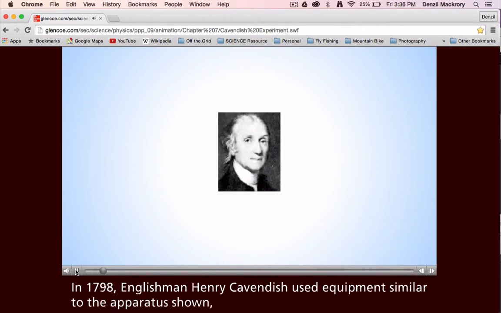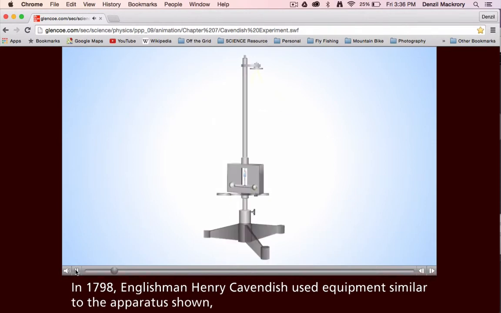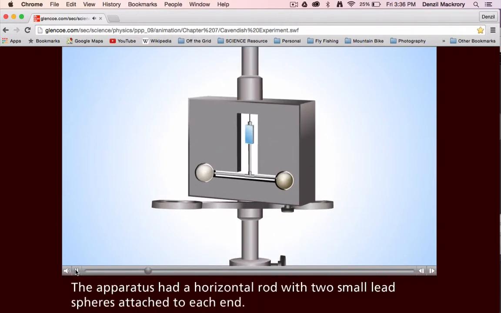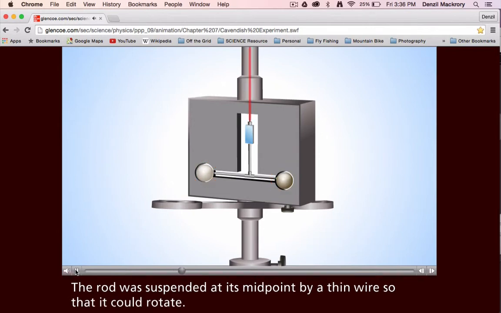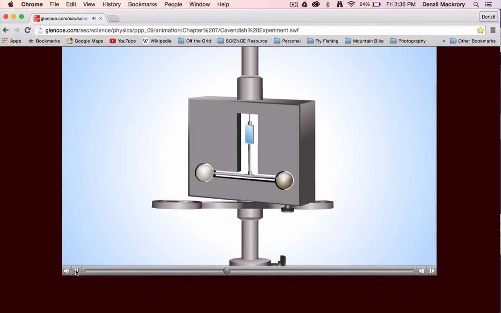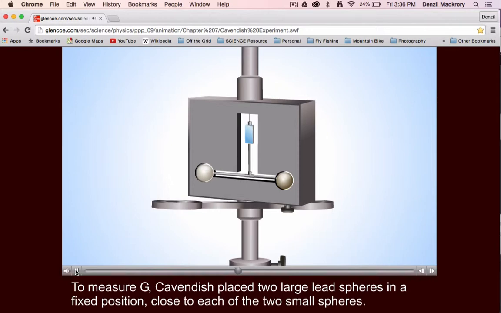In 1798, Englishman Henry Cavendish used equipment similar to the apparatus shown to measure the gravitational force between two objects. The apparatus had a horizontal rod with two small lead spheres attached to each end. The rod was suspended at its midpoint by a thin wire so that it could rotate. Suspension by a thin wire meant that the rod and spheres were very sensitive to horizontal forces. To measure G, Cavendish placed two large lead spheres in a fixed position, close to each of the two small spheres.